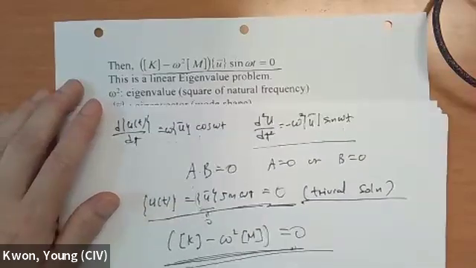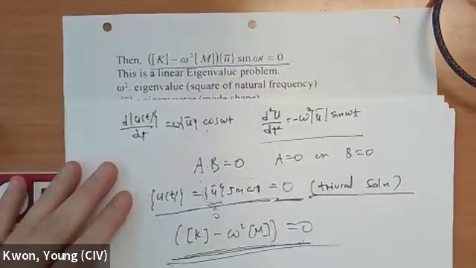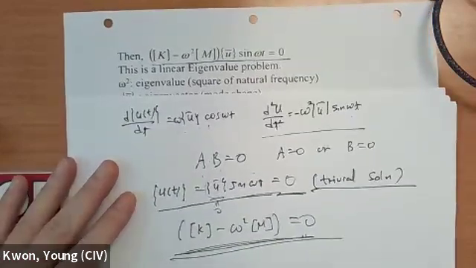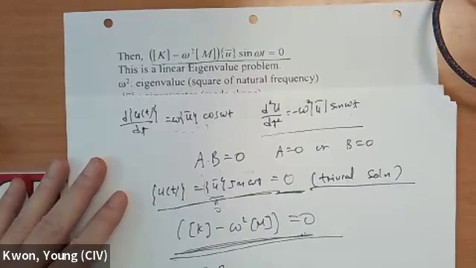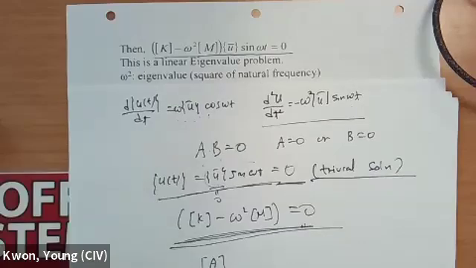And if you have taken some math class in matrix or linear algebra, then you learn about eigenvalue. So you have a matrix A. I want to find the eigenvalue of the matrix A. How do you find the eigenvalue and eigenvector of matrix A?